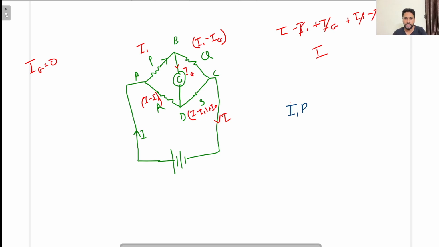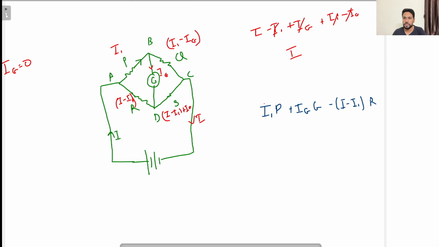Let's say the resistance of the galvanometer is G, so it's going to be Ig into G. Now I'm going in the reverse direction, against the current, so it's going to be minus (I minus I1) into R, which should be equal to the total EMF.